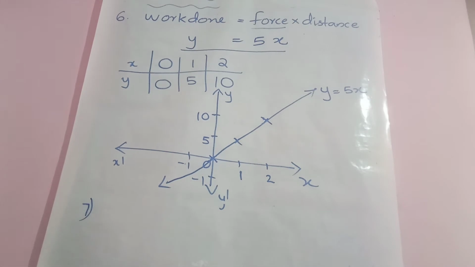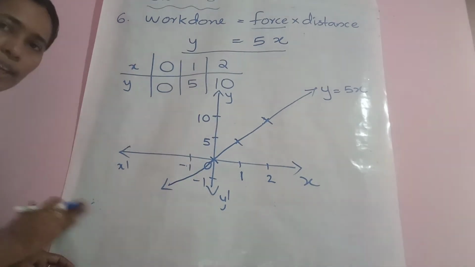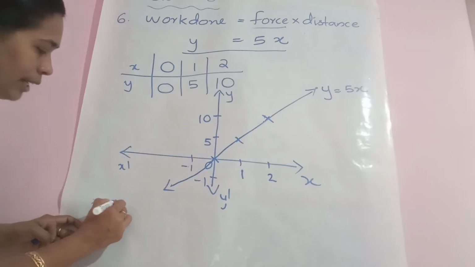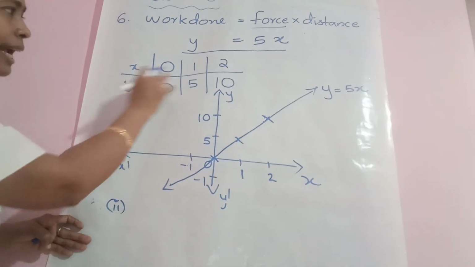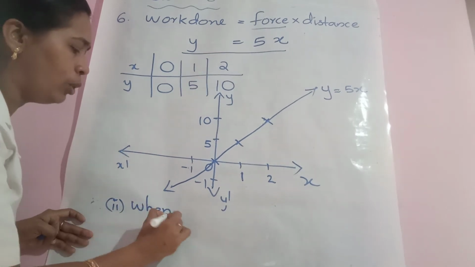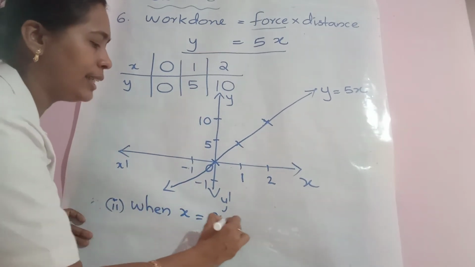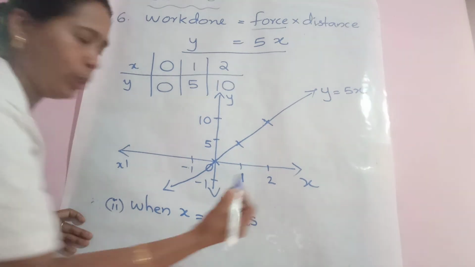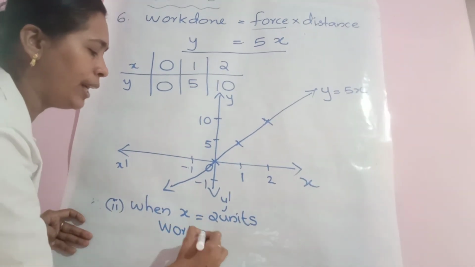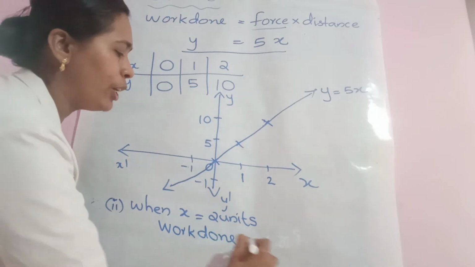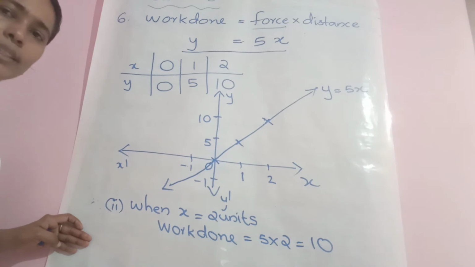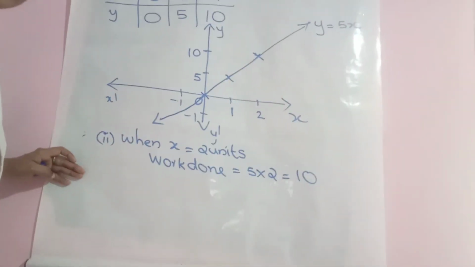Sorry, before entering into the 7th question, they told you to answer 2 more questions. The first one we have already answered, the graphical representation. When x equal to 2 units, that is, distance travelled equal to 2 units, what is the work done? So work done equal to 5 into 2 equal to how much? 10 units. Similarly, one more question is there for you.